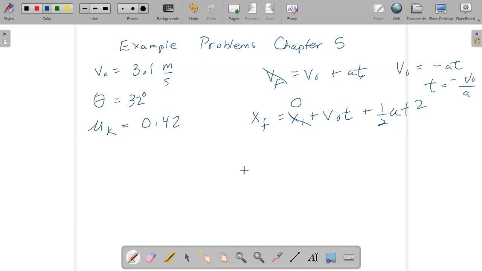I'm just going to be substituting my value for T in that equation. So I have X final equals V naught times negative V naught over A plus 1/2, and that's G sine theta.